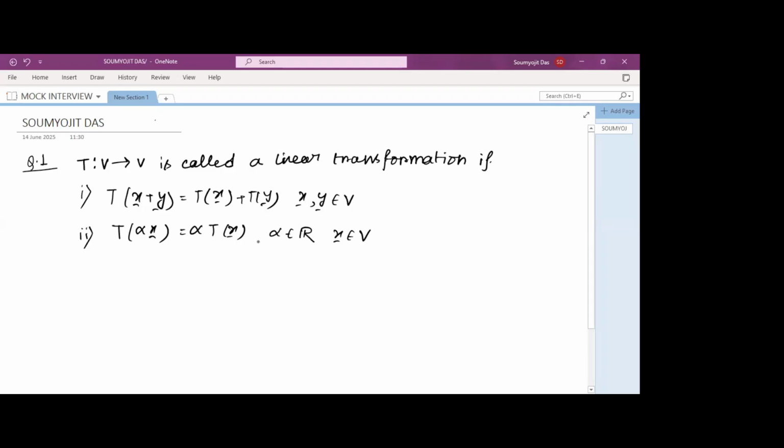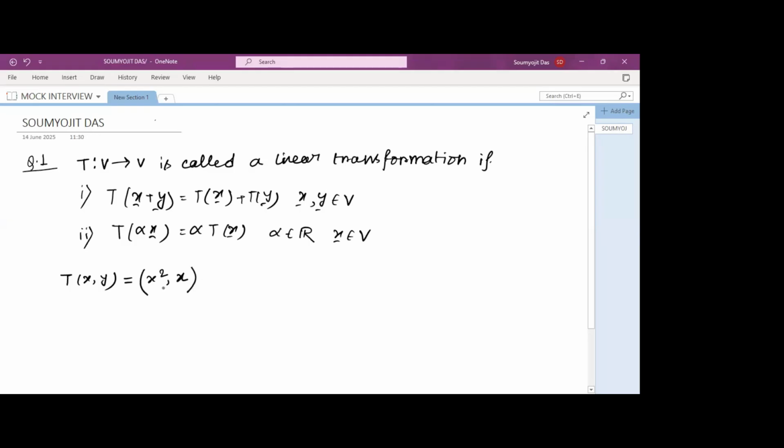Okay, so I am giving you an example, and you should tell me whether it is a linear transformation or not. T of (x, y) equals (x square, x).